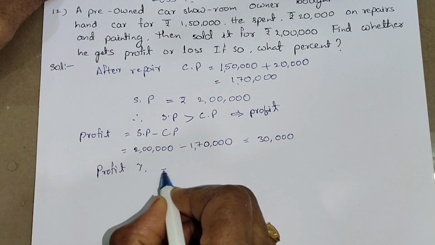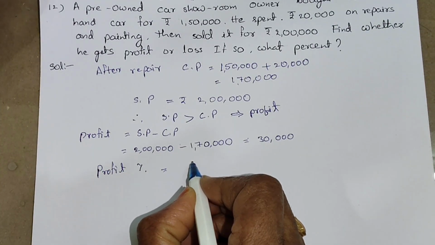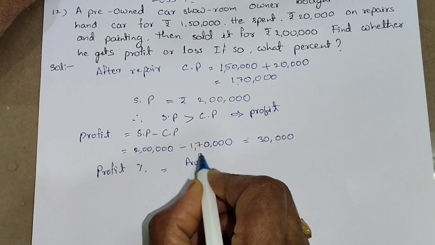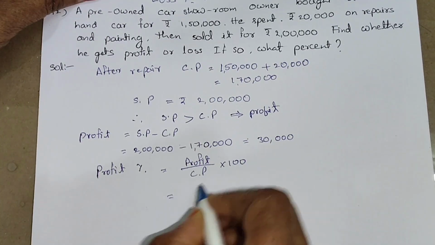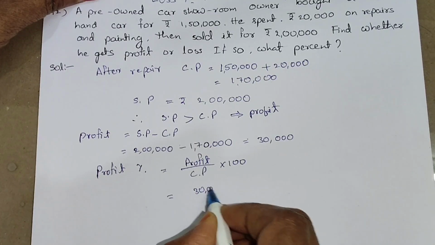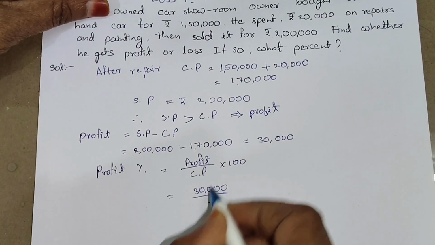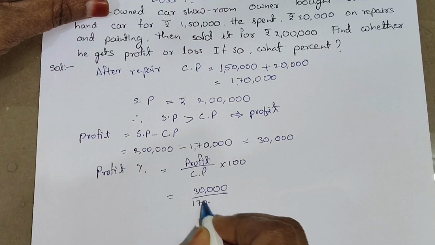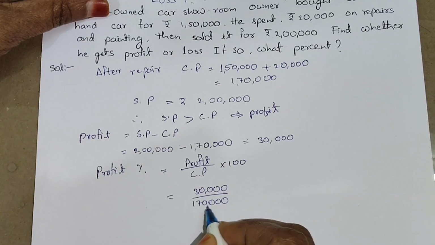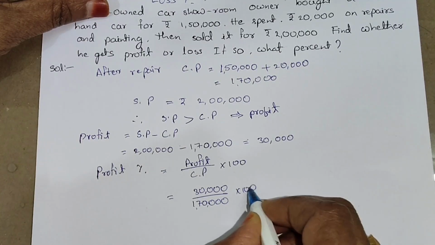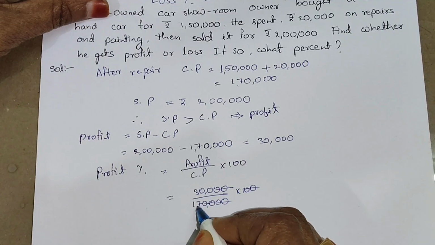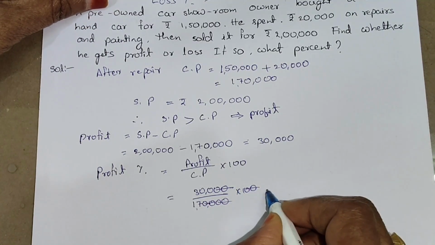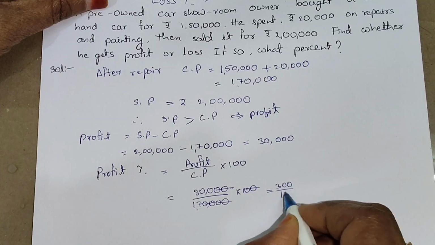Profit percentage always calculate on the cost of price. Profit by cost of price into 100. Now substitute these values. Here profit is 30,000 by cost of price. Cost of price is 1,70,000 into 100. 2 zeros get cancelled. Here 300 by 17.